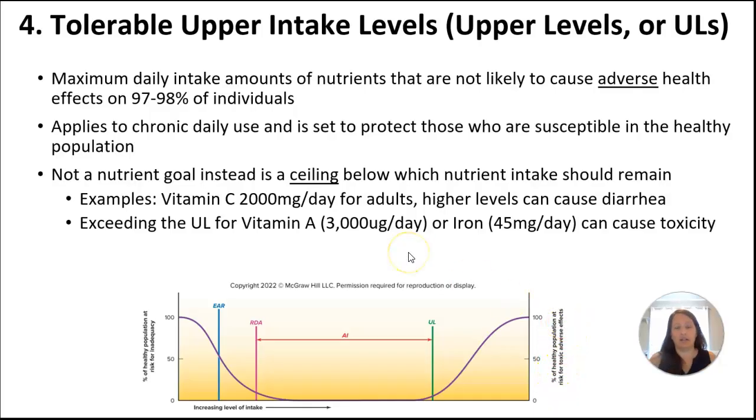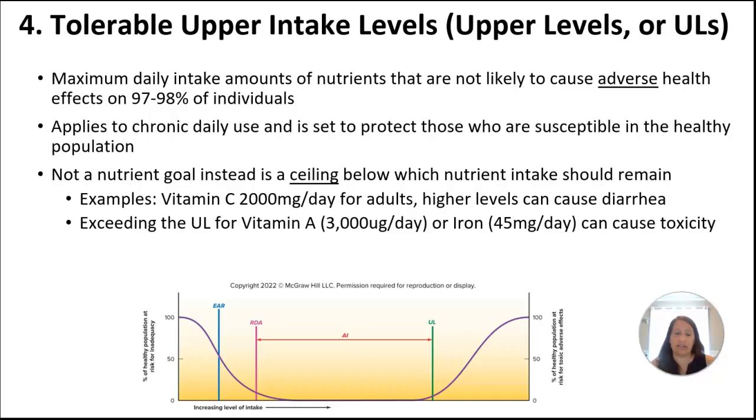So again, this is the maximum daily amount of a nutrient that is not going to cause a deleterious, adverse health effect for 97 to 98% of individuals. Okay, this applies to chronic daily use. So if you exceed an upper limit, hopefully not by much, but like once, not a big deal.